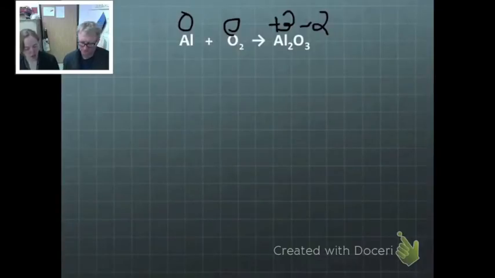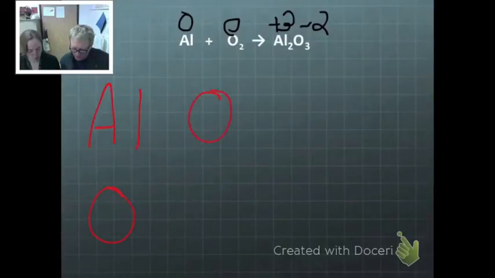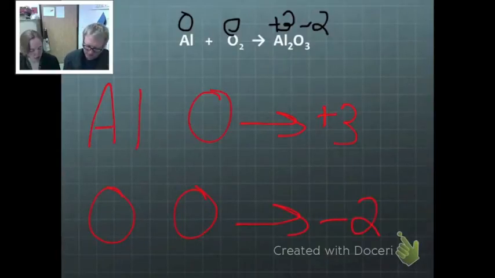Now we need to make our list of elements and what's happened to them. I've got aluminum and oxygen. Aluminum started at 0 and went to +3. Oxygen also started at 0 and went to -2. Which one's going to be easy to tell what happened?